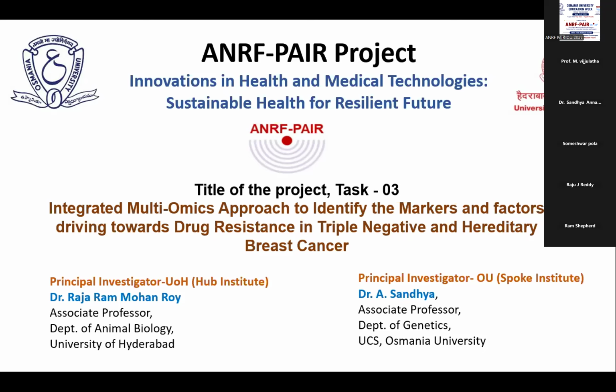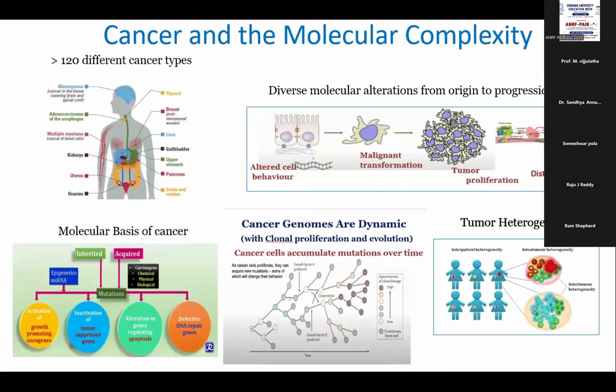And to begin with, we always have known that cancer is a challenging condition with growing health burden in India and globally too. So, I would like to give a little bit of context about cancers and the molecular complexity. There are around more than 120 different types of cancers, which are classified based on the cell type in which the cancer originates, and based on the histology, and based on whether it is malignant or benign.